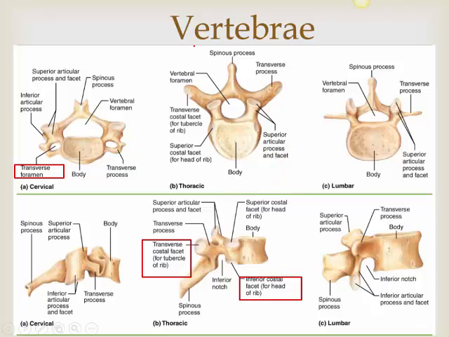You don't have them in cervical or lumbar. Apart from this, other differences are the body looks more heart-shaped. The spine is more pointed and goes backwards. But the main identifying feature is these costal facets. They're only in the thoracic region.